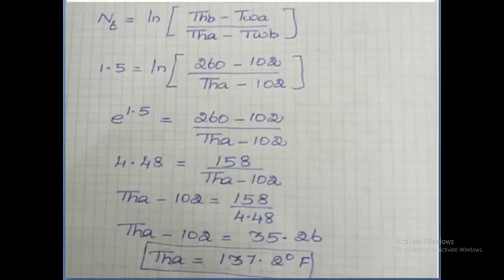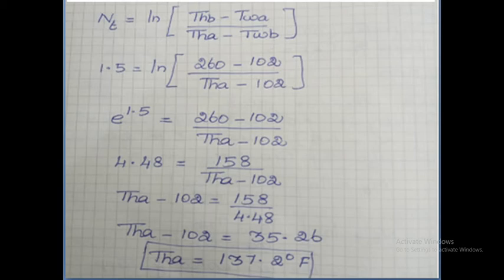Using the number of transfer units equation to determine the hot air leaving temperature, THA. So NT is equal to ln of (THB minus TWA) divided by (THA minus TWB). For an air-water system, TWA is equal to TWB.